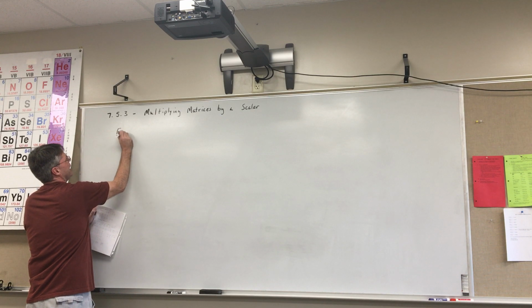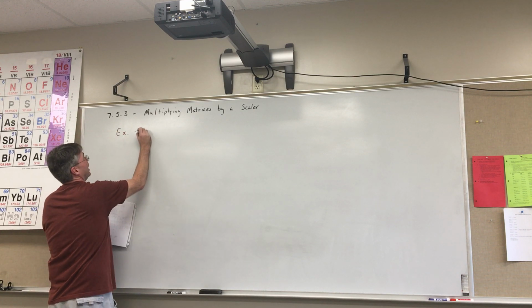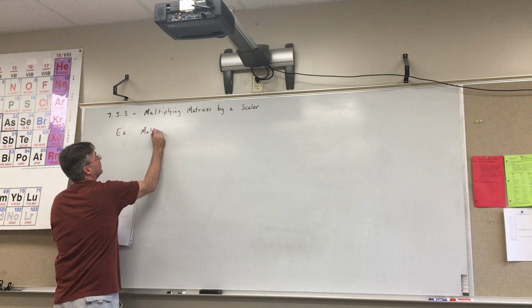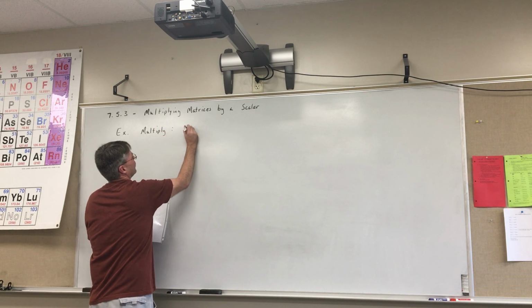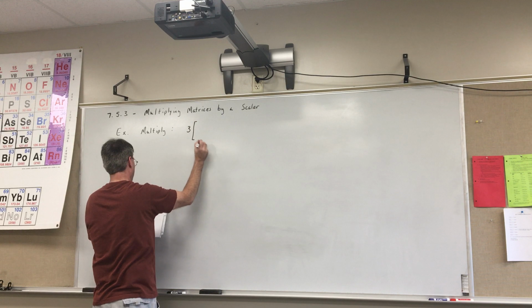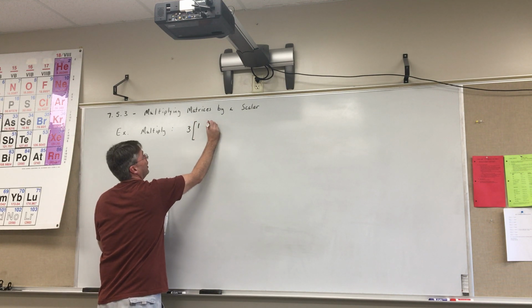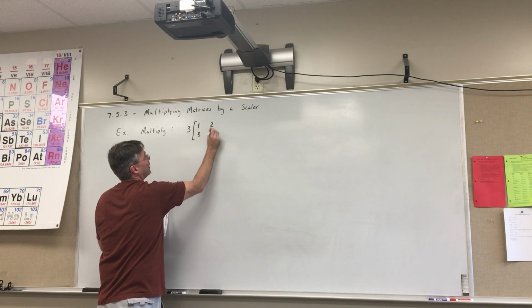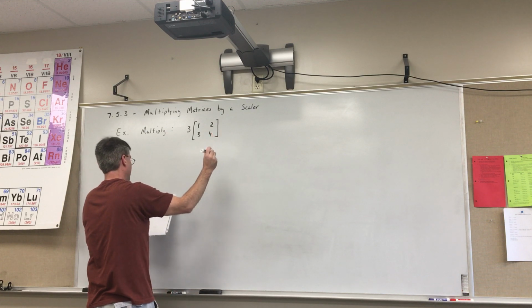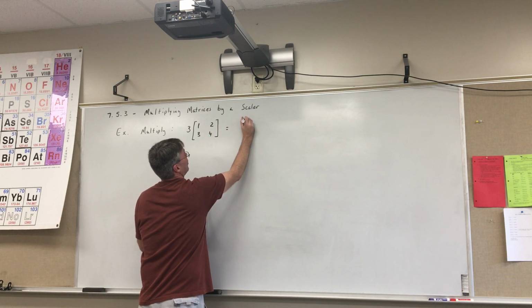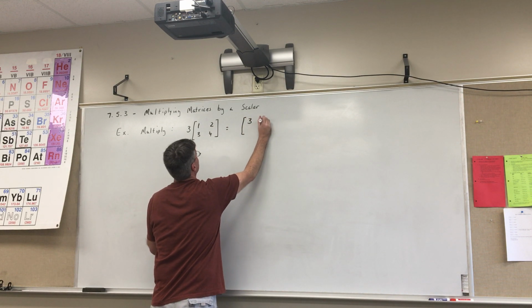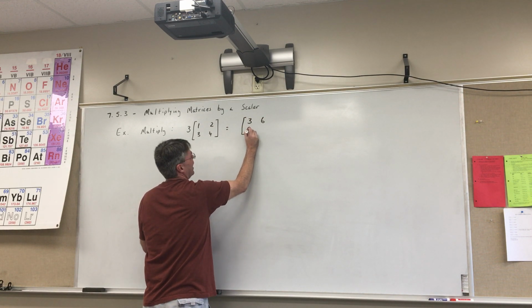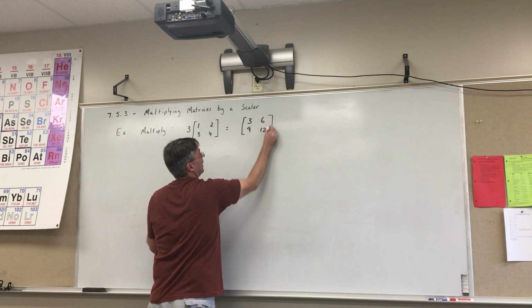Our first example is to multiply 3 times the matrix 1, 2, 3, 4. You multiply 3 by each of the 4 digits. So that'd be 3, 6, 9, and 12.